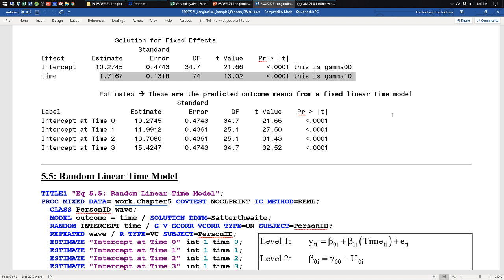This is our univariate Wald test. This is the same p-value you're used to staring at in regression. It's totally fine because 0 is not on the boundary of what the fixed slope can be. So yes, there's a significant fixed effect of time. It's significantly different than 0.